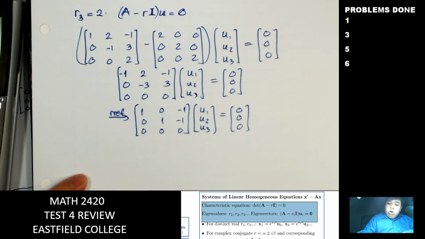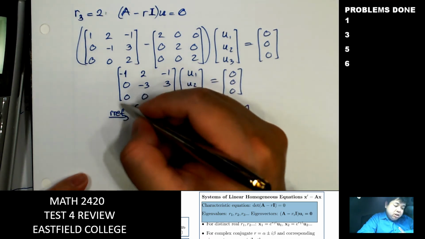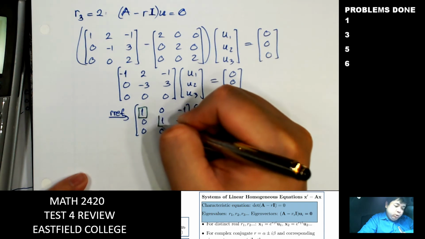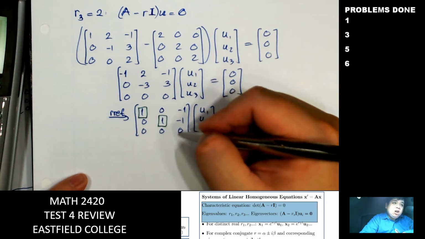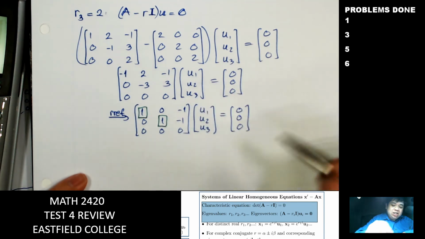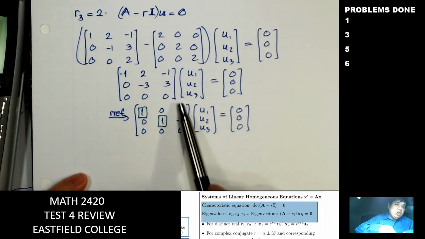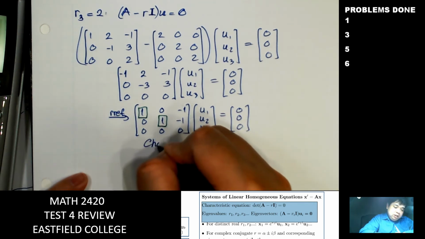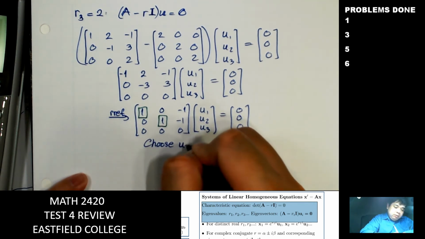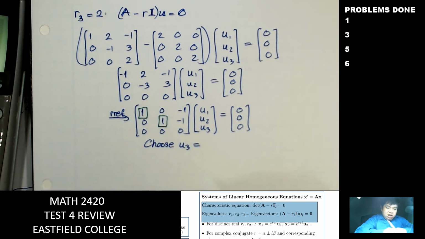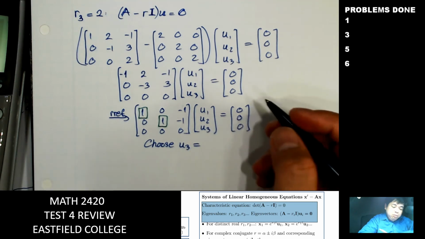Right, so when we look at this, what we see is the first non-zero element is 1, so we do not mess with that. This column doesn't have the leading 1. So in that case, if we have to choose something, we're going to choose U3 equal to something. Keep that in the back pocket.